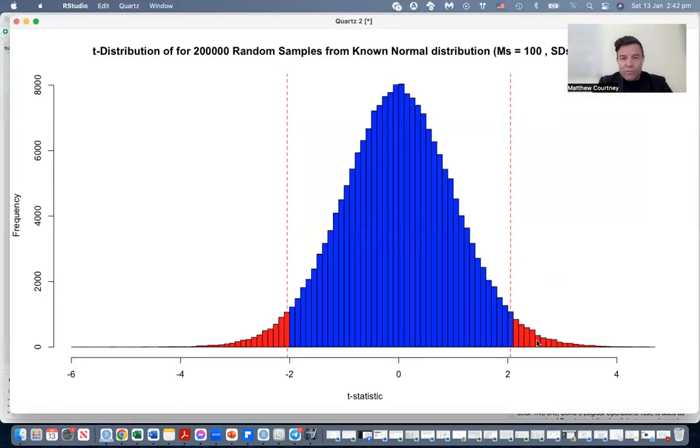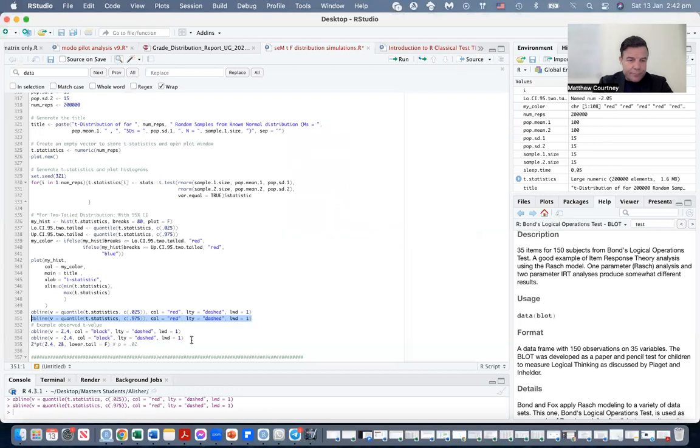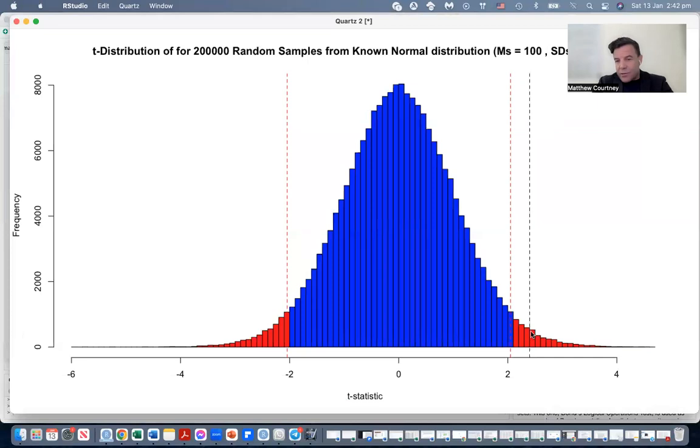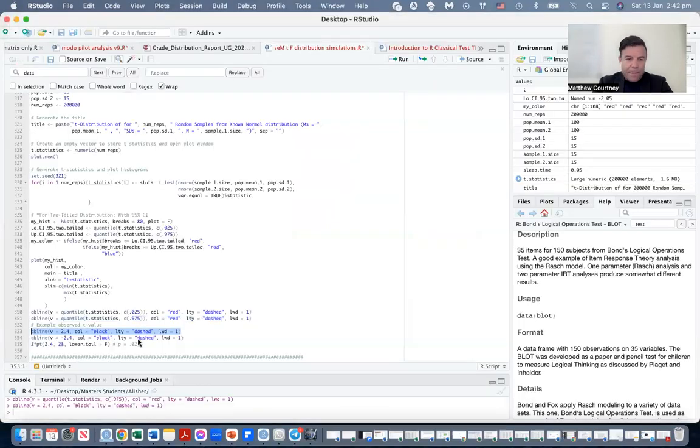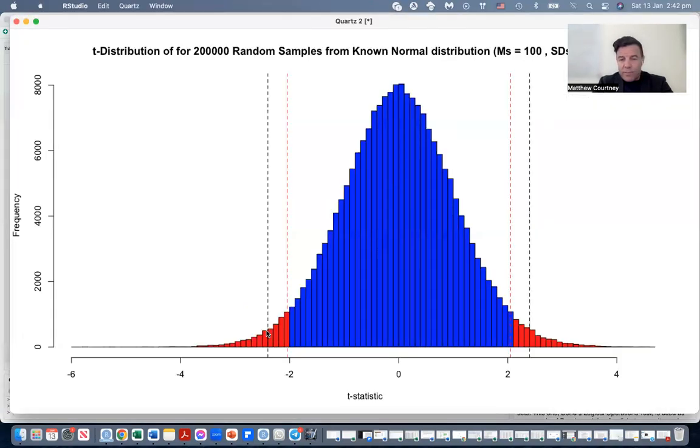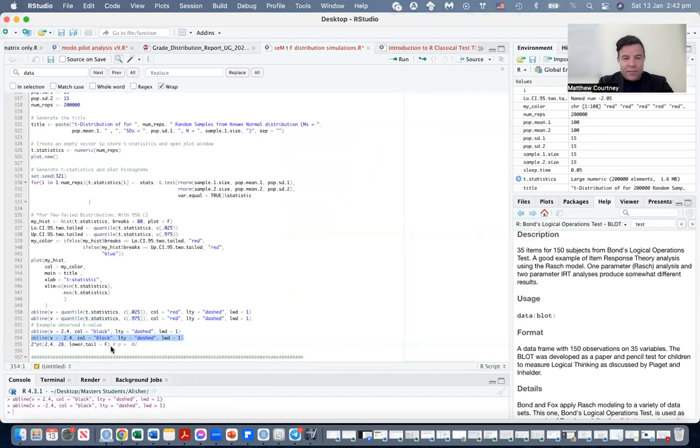Let's put in 2.4. That is the result. That is the observed result. We also have to put that in at the other side as well. 2.4 here. So 2.4 is the t-value. What is the p-value? The p-value is officially 0.02.